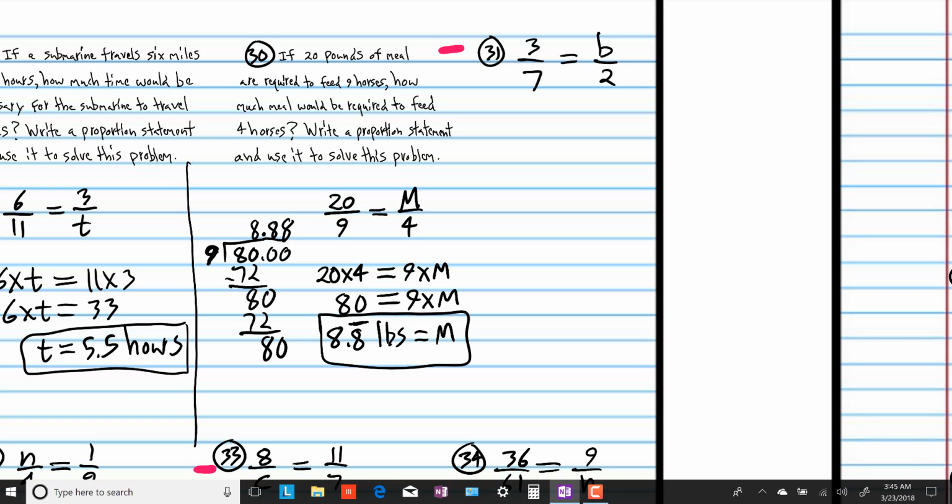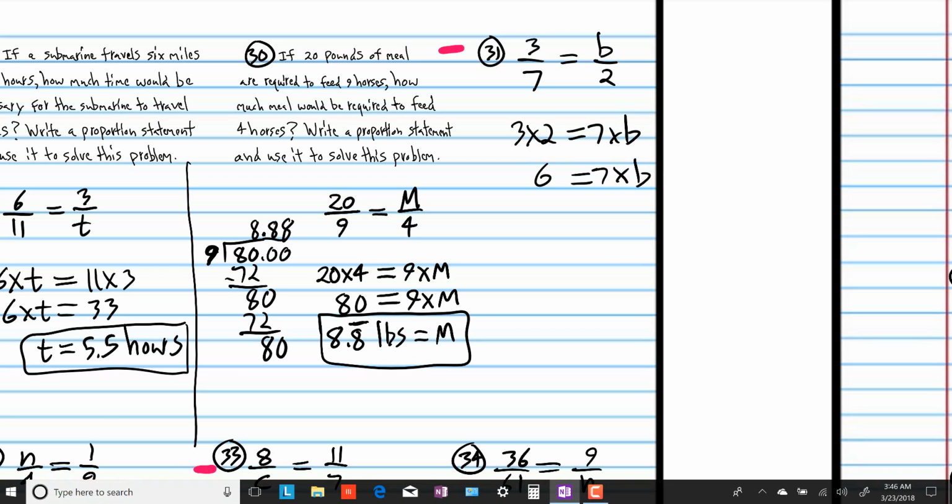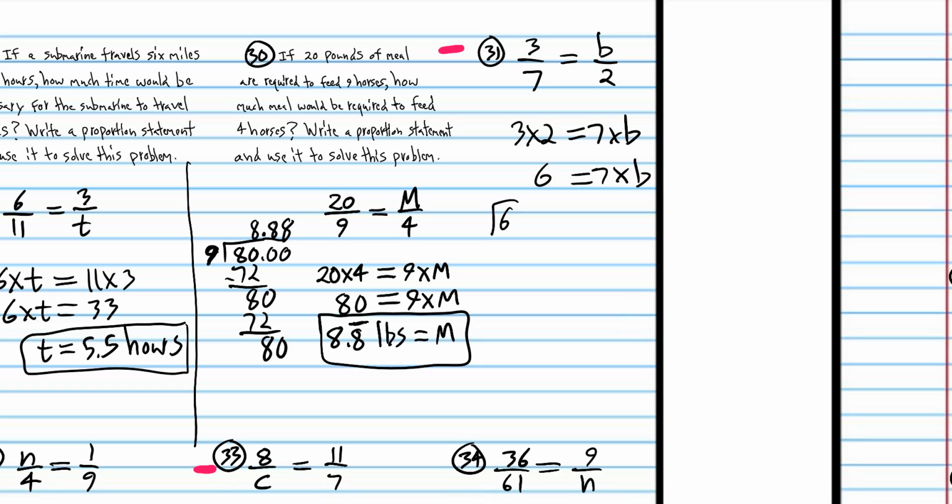So we have to use cross multiplication once again. And we get 3 times 2 is equal to 7 times b. 3 times 2 is 6. And now we have to figure out how many times 7 goes into 6. So that's the same thing as saying 6 divided by 7.